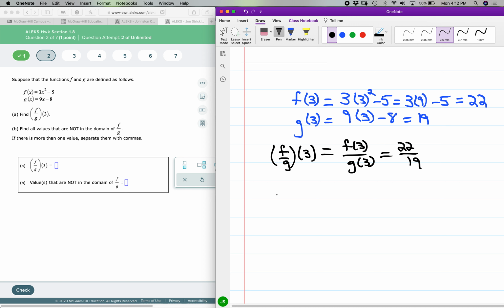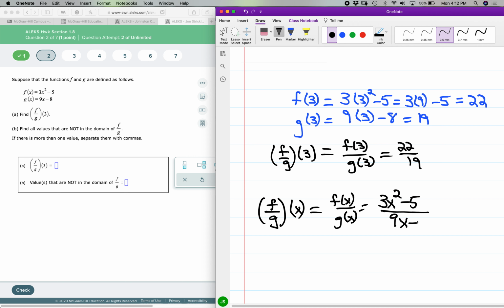And in the case of the domain of f over g, with f over g of x, we have f of x over g of x. And so we have 3x squared minus 5 all over 9x minus 8.